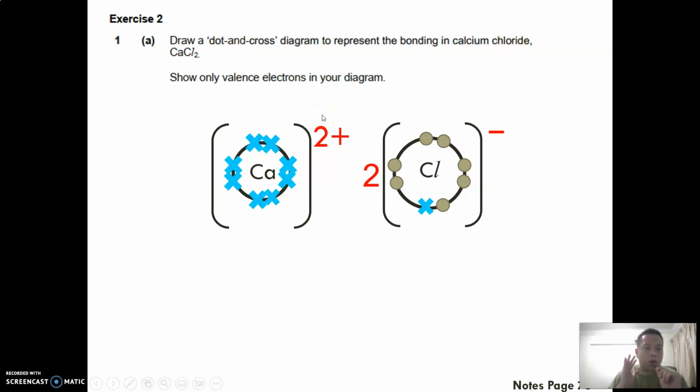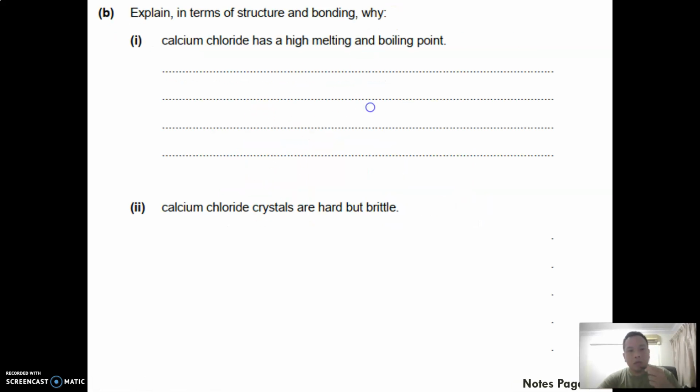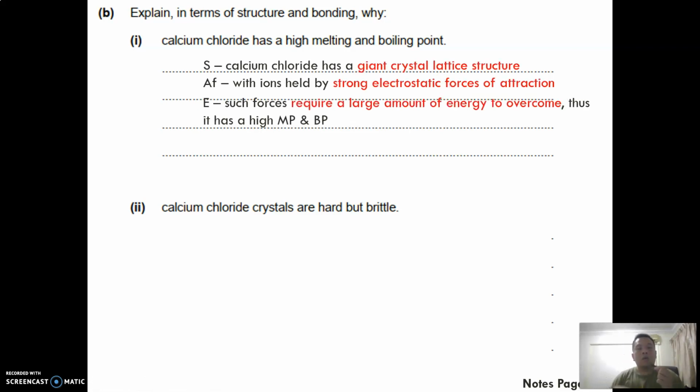For those who are concerned about the chemical formula, don't worry, there'll be another video on this soon. Next part: explain in terms of structure and bonding why calcium chloride has a high melting and boiling point. To answer this, as I have mentioned, you're going to use the SAFE structure. S: calcium chloride has a giant crystal lattice structure.